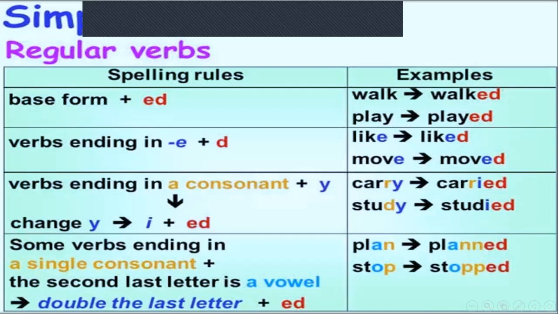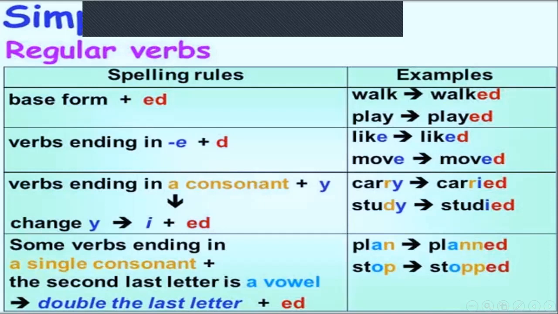Look here, we delete y and add ied. Again here, my students, we delete y and add ied. Study, verb study, again. Letter D here is a consonant or vowel?